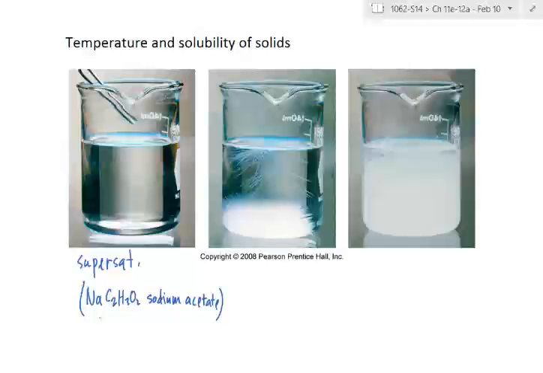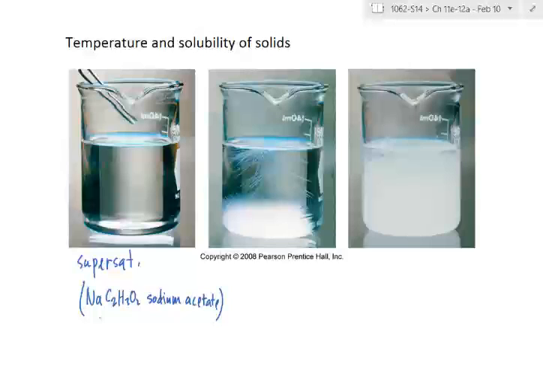Water will hold 10 times as much more sodium acetate at 100 than it will at room temperature. So you heat it up to boiling or near boiling, you saturate it at that temperature and let it slowly cool back down, and we can have a supersaturated solution.